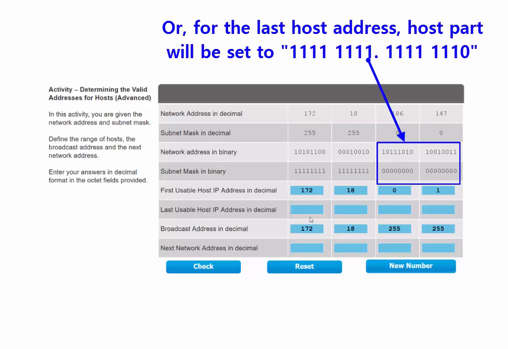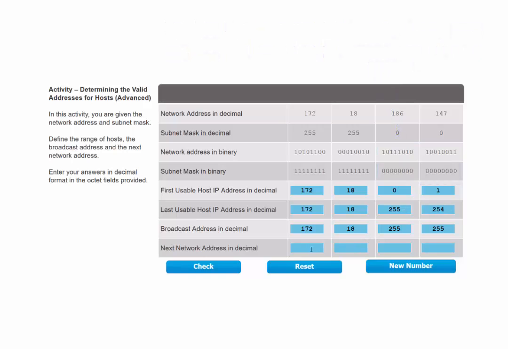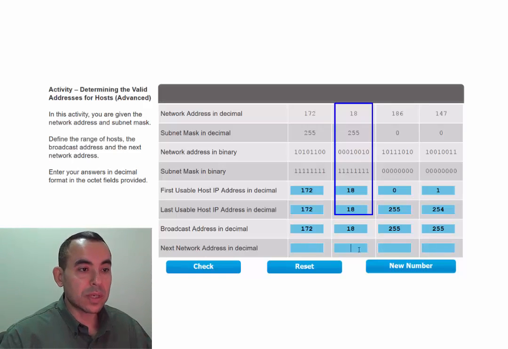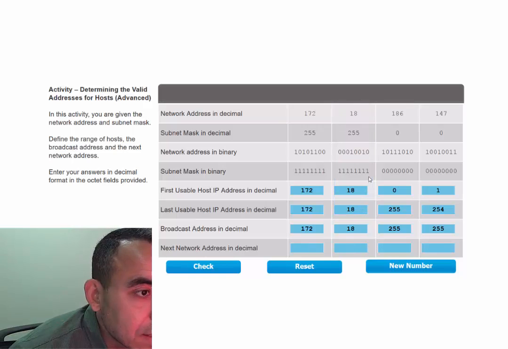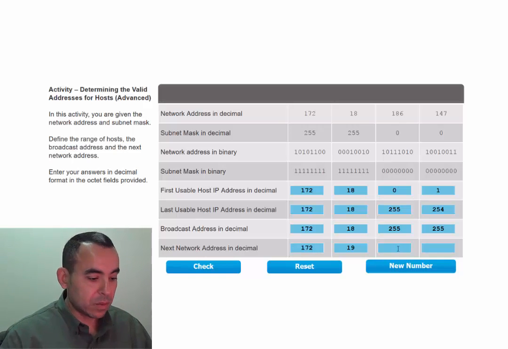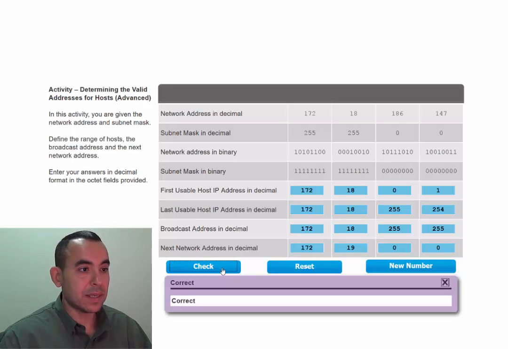So it's 172.18, and then minus 1 here in the byte. So it's 255.254. So the next network address will be to take this number and increment it by 1. So in that case, instead of 18 we have to put 19. And this is 172, and then this will be 0. Let's see, correct.